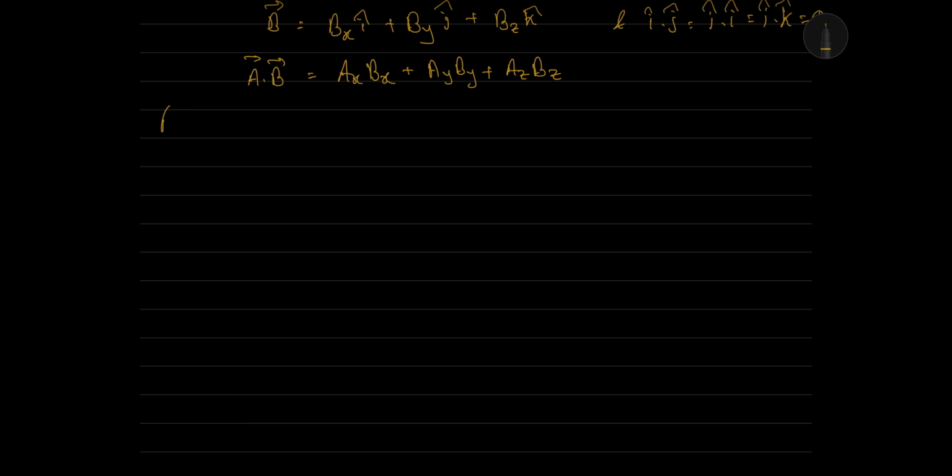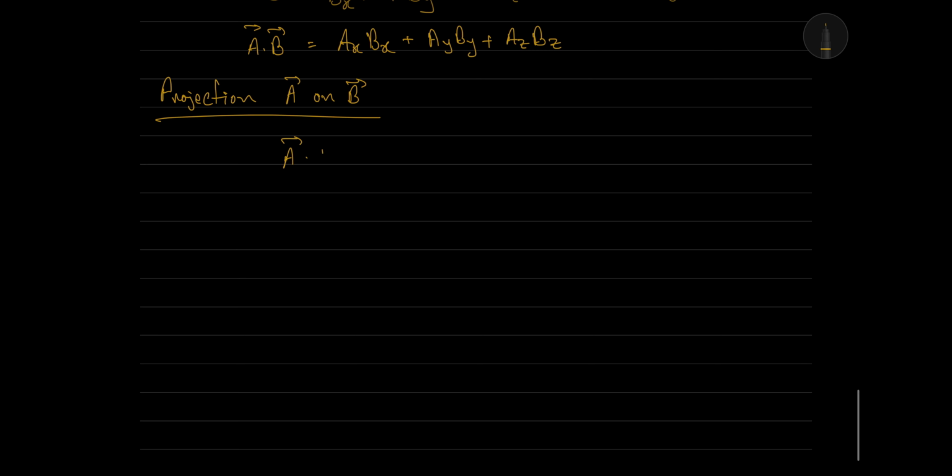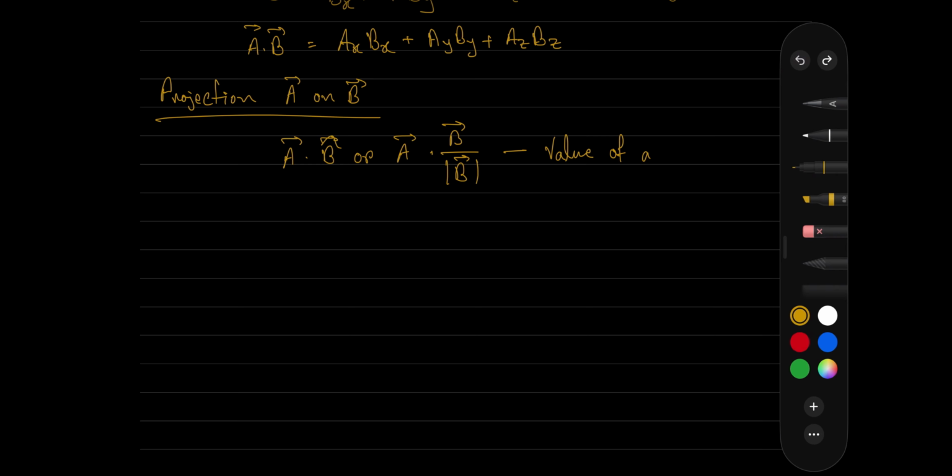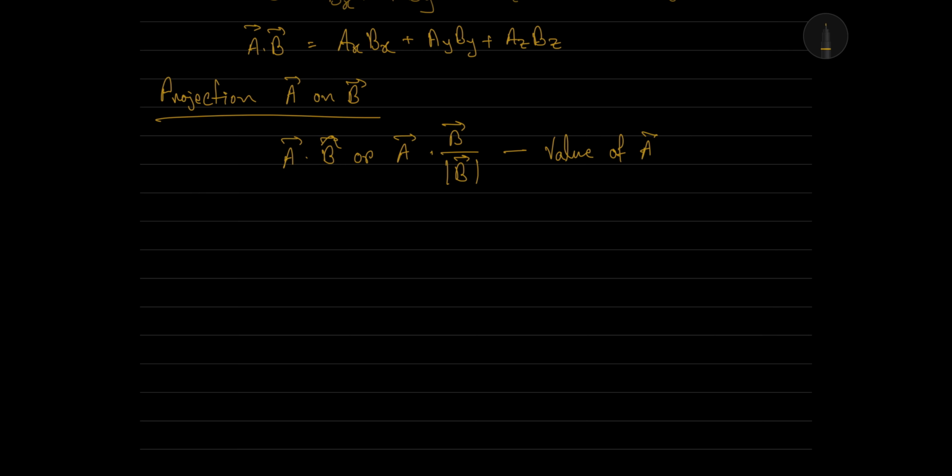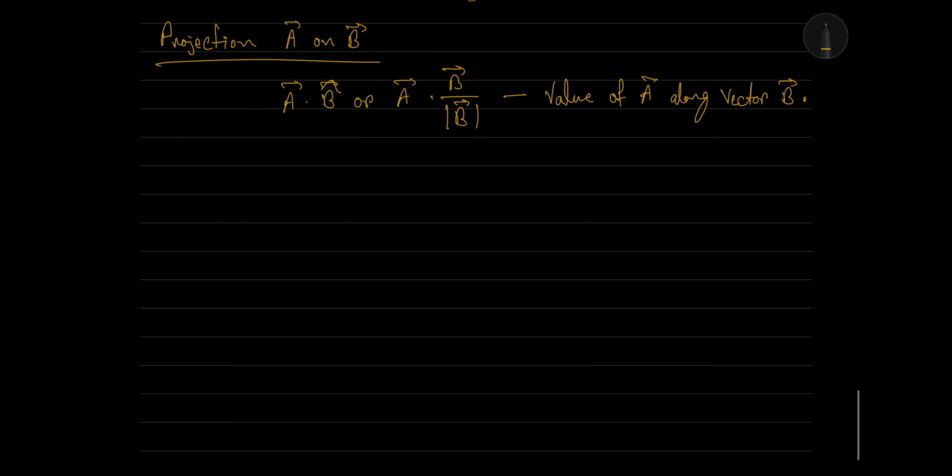So what will be the projection of A on B? This is the projection of vector A on vector B. It will be A vector dot B cap, or A vector dot B vector by mod B. What this means is the value of A vector along vector B. And what will be the projection of B vector on A vector?